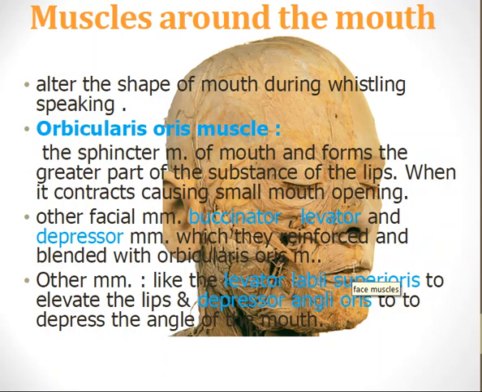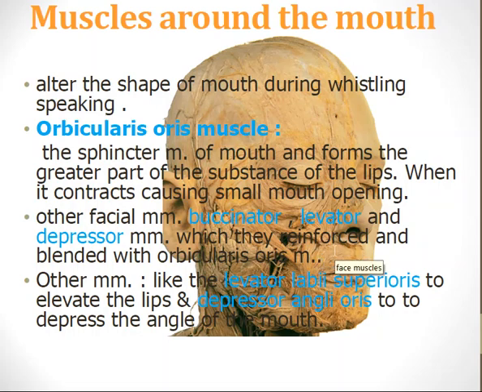We have other muscles like the levator labii superioris, causing elevation of the lips. And also we have the depressor anguli oris, which from its name causes depression of the angle of the mouth. We have bilaterally here the depressor anguli oris muscles.